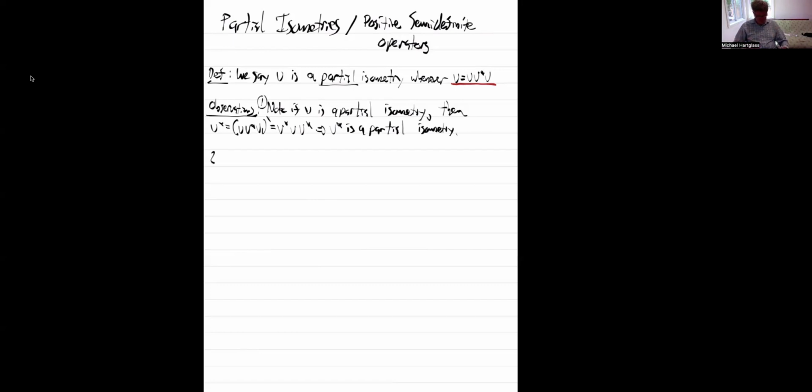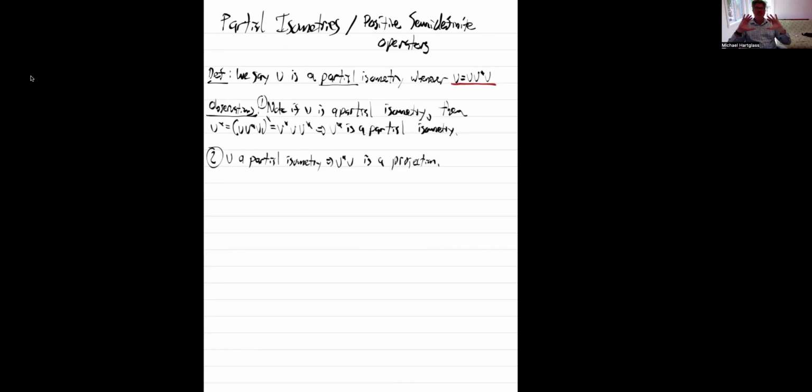Two, if V is a partial isometry, this implies V star V is a projection.